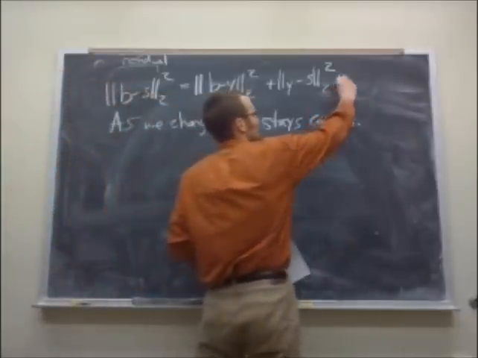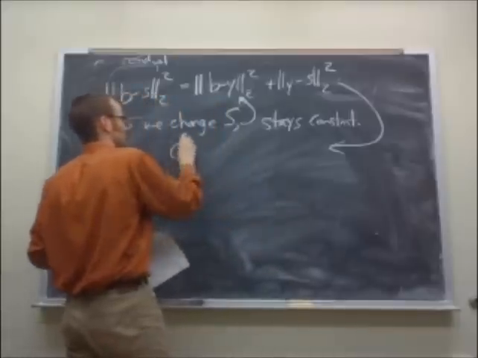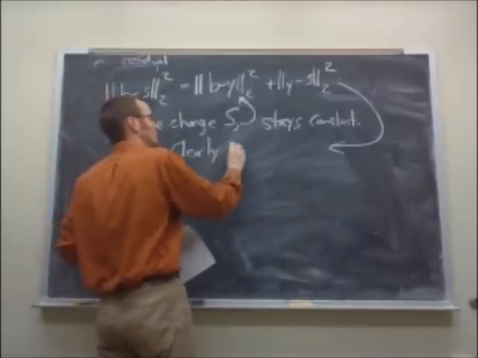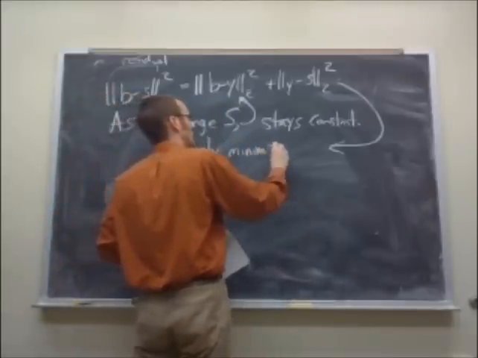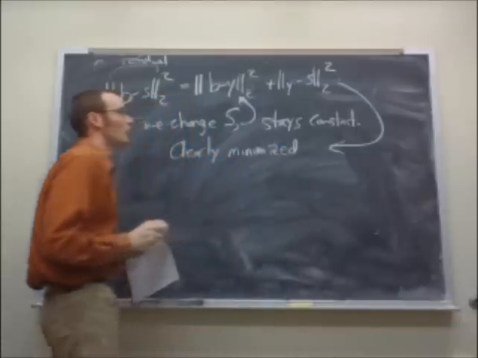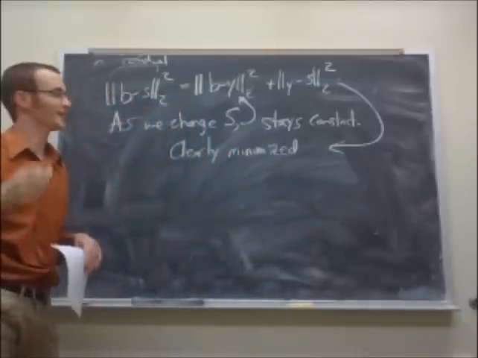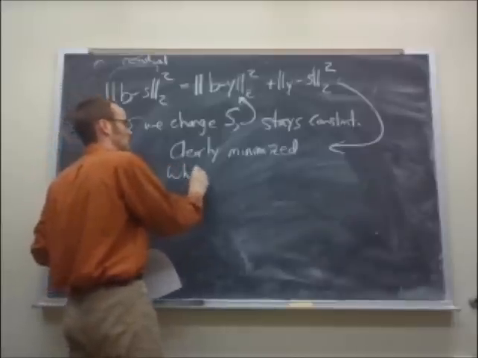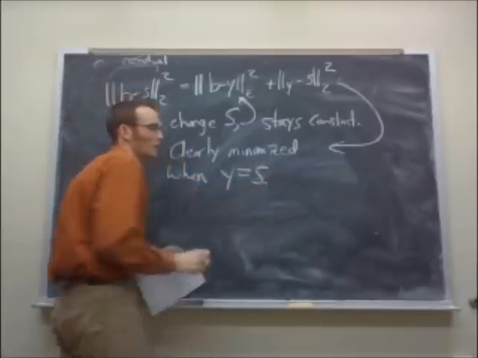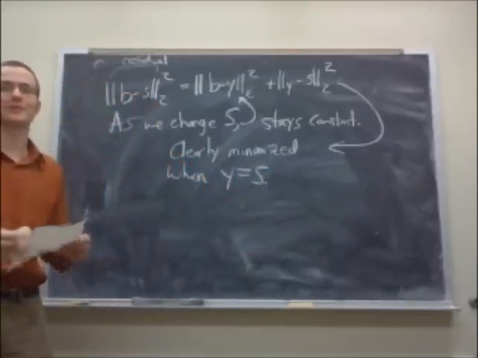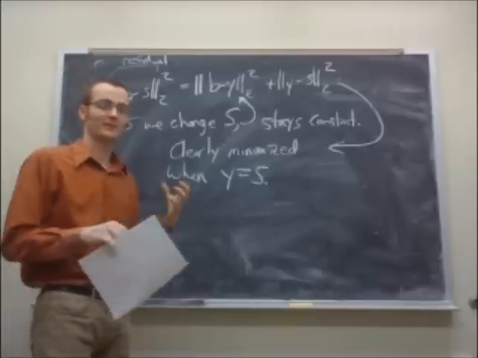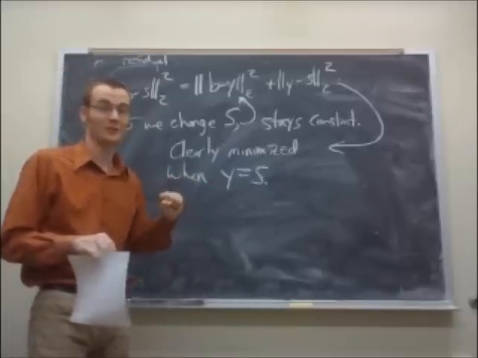But the norm of y minus s is clearly minimized when y equals s, which is okay, remember, because both are in the capital S, so they can be equal to each other.